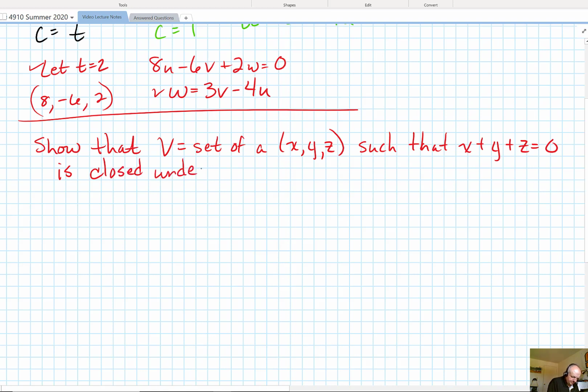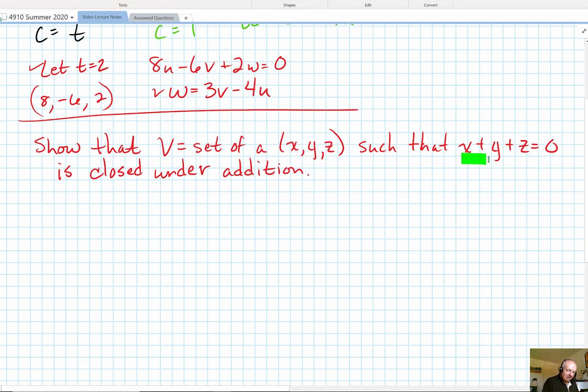This is what we call a subspace. It's a subset of R3. R3 is just all of the points like that, and we're just taking a subset of those points.